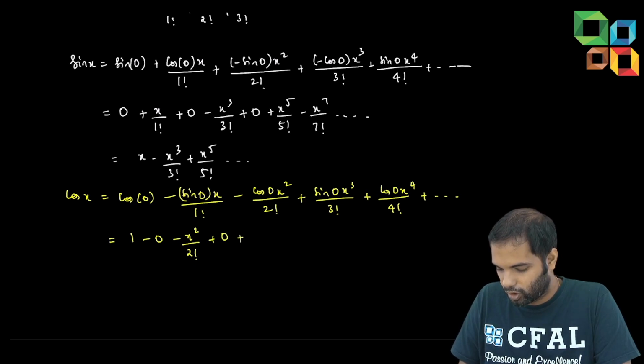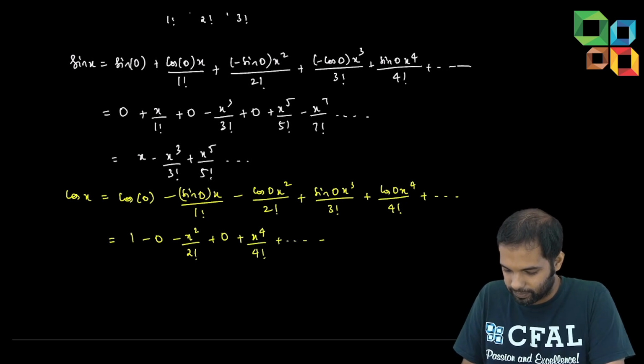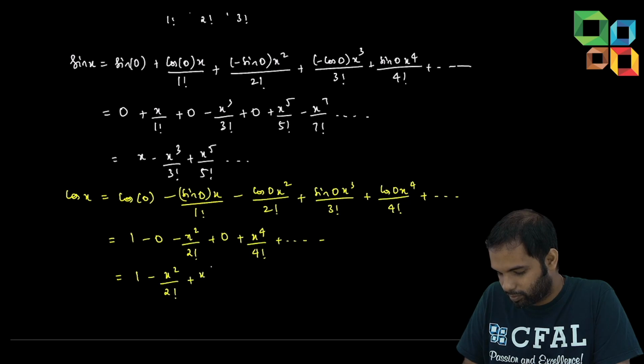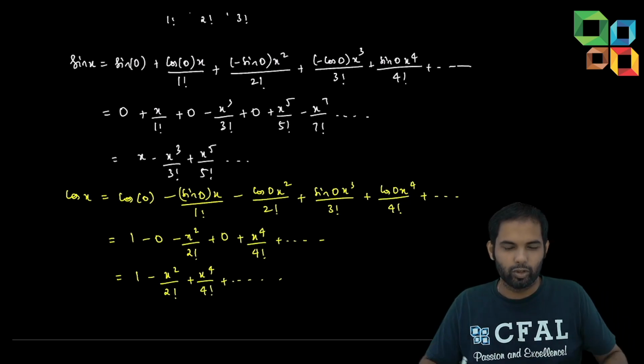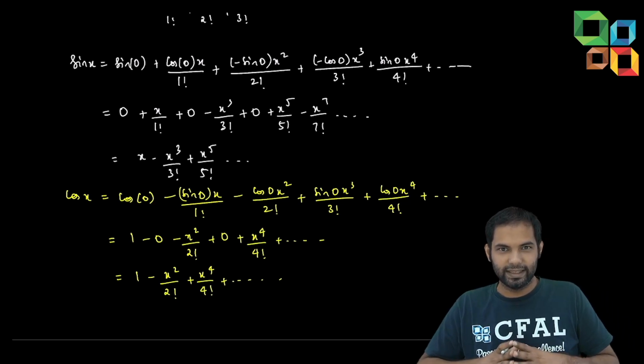Next term, cos 0 is 1, so x power 4 by 4 factorial plus so on. Can you see the terms now? 1 minus x square by 2 factorial plus x power 4 by 4 factorial, right? So the next term would be minus. I simply wrote plus and left it. Can you see this series now?